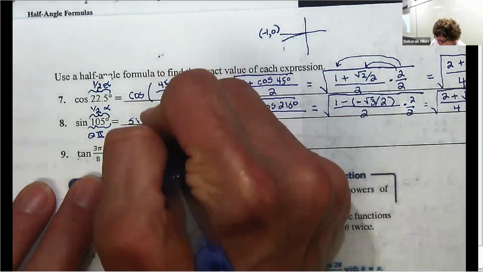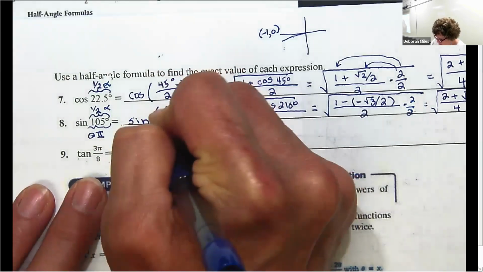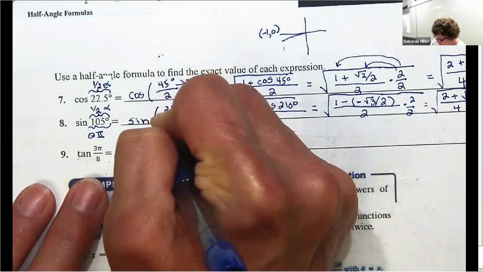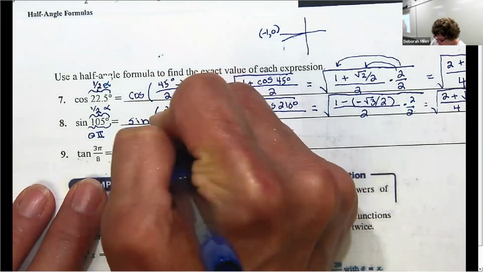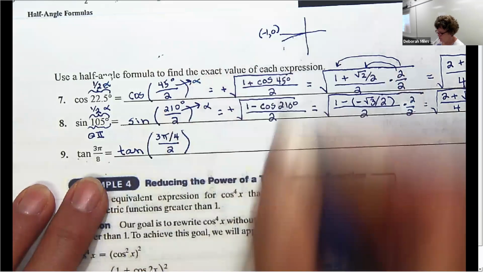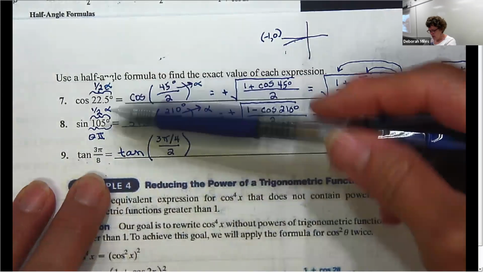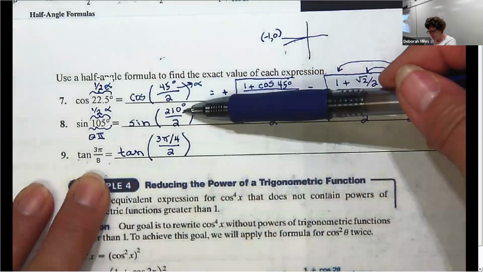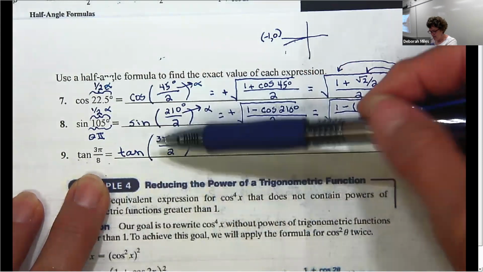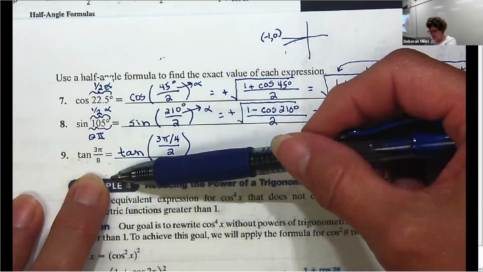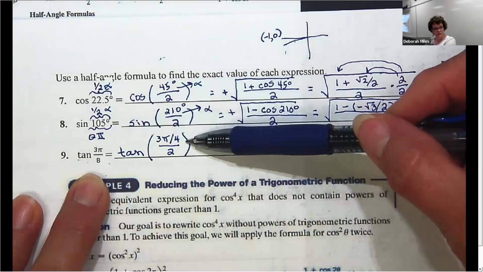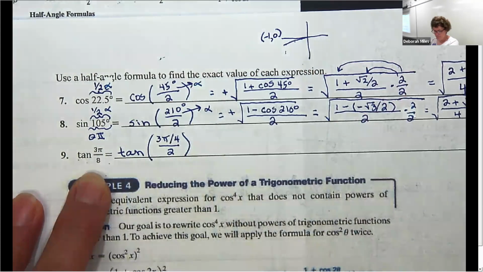Yeah. This is tangent of 3 pi over 4 divided by 2. Just like we said, 105 is half of 210. We need to say 3/8 is half of 3/4, and then just use that formula.